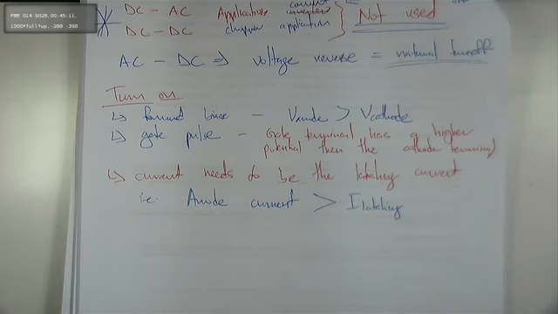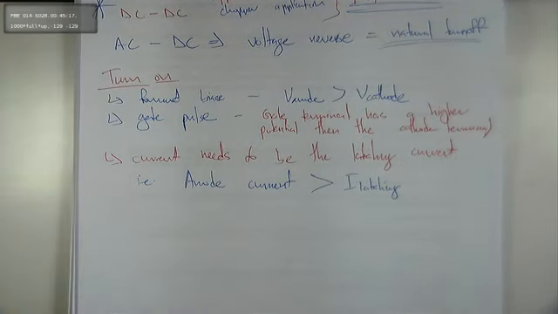So the anode current needs to be greater than the latching current for it to turn on again on the next cycle.